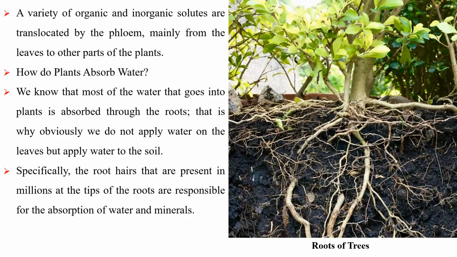We know that most of the water that goes into plants is absorbed through the roots. That is why obviously we do not apply water on the leaves but apply water to the soil. Specifically, the root hairs that are present in millions at the tips of the roots are responsible for the absorption of water and minerals.